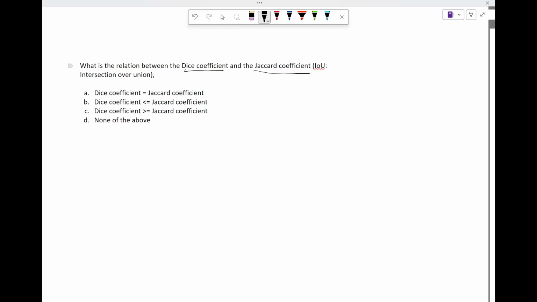This is basically A intersection B upon A union B. This is the Jacquard index or Jacquard coefficient. So they are asking what is the relationship between these two.